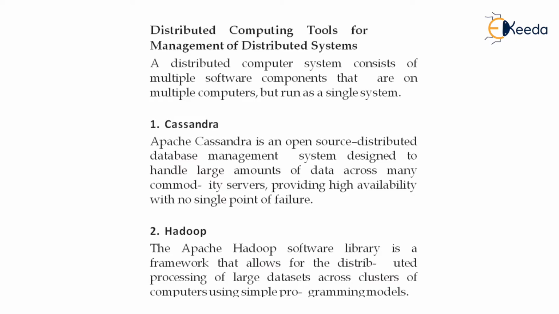Apache Cassandra is an open source distributed database management system designed to handle large amounts of data across many commodity servers, providing high availability with no single point of failure.